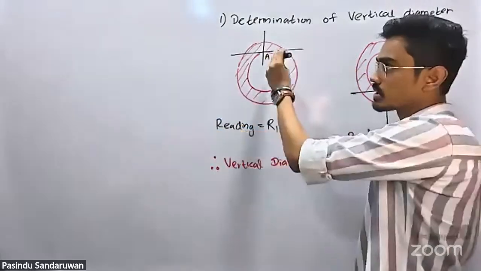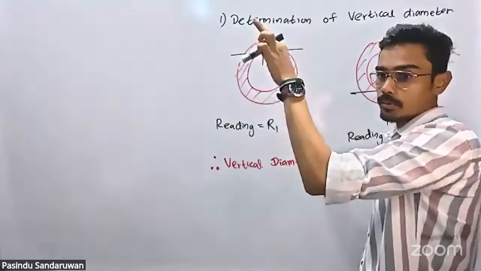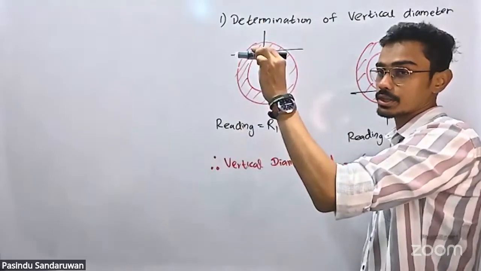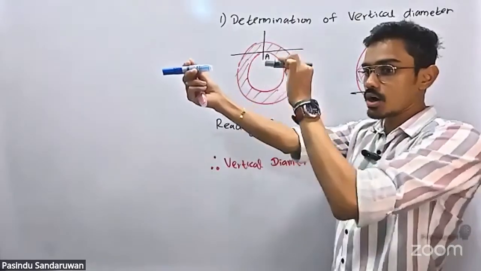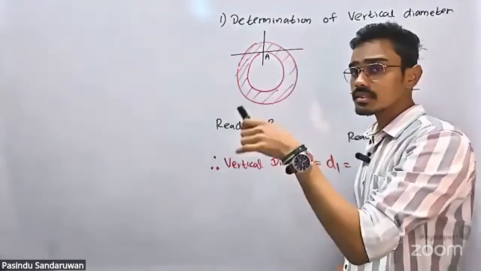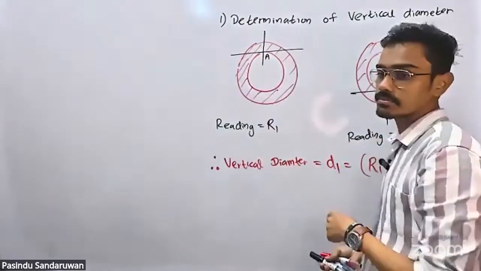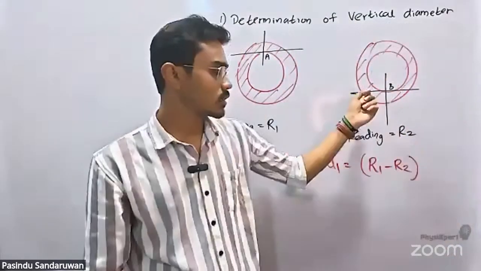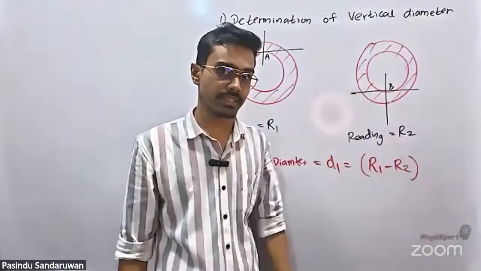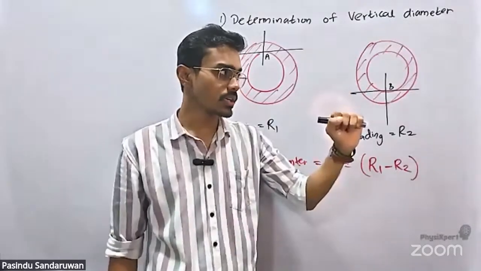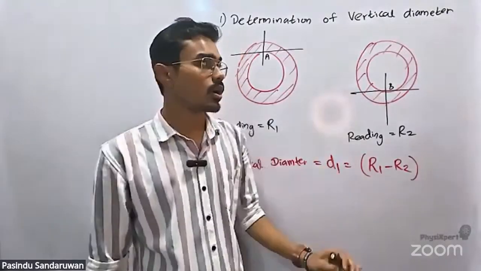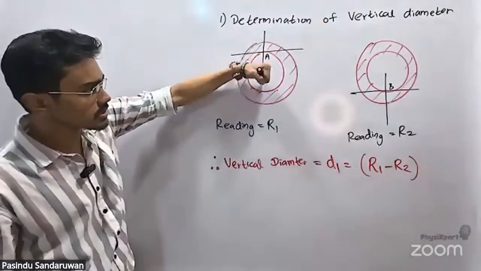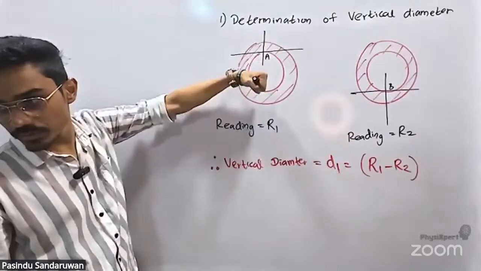I have focused the microscope to point A of the rubber tube, and we take that reading, and then we move it down until the crosswires are focused to the bottommost point. Once it is at the bottommost point, we take that respective reading, R2. Now, from here to here, the traveling microscope has moved vertically.